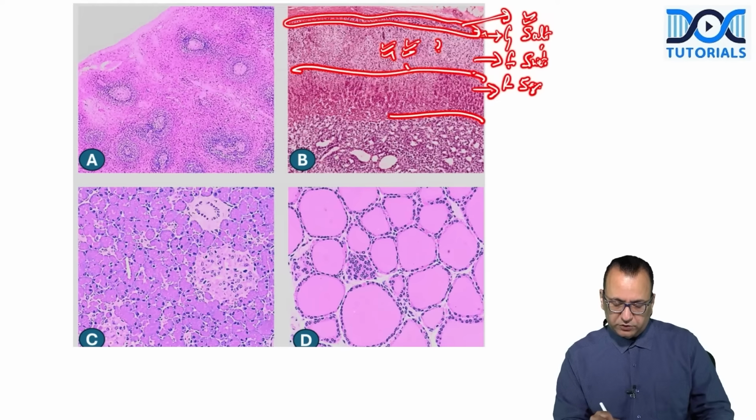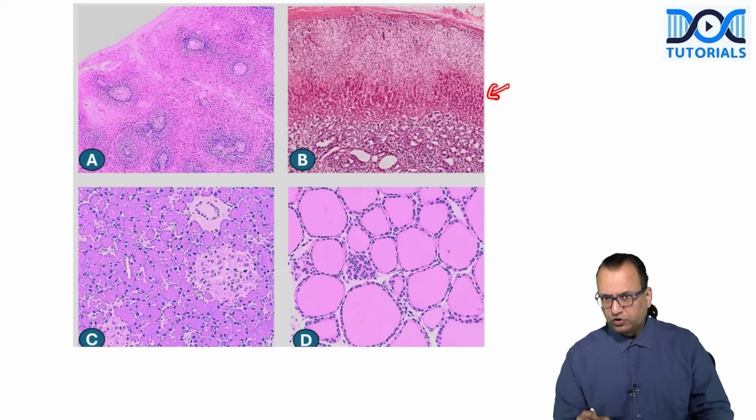And when it comes to the reticularis, there will be DHEA type, dehydroepiandrosterone type, the sex corticoids which are being given. And so this is adrenal gland or suprarenal gland. Of course, it is an endocrine organ.